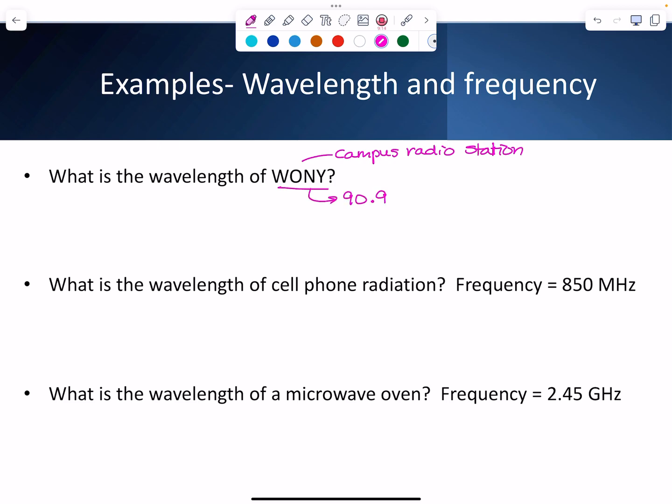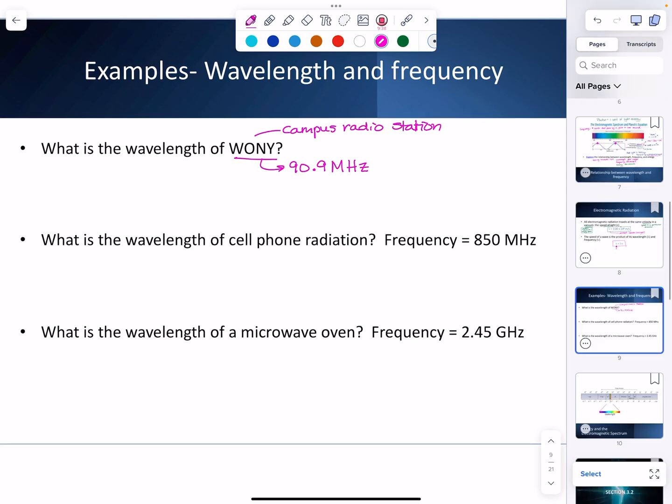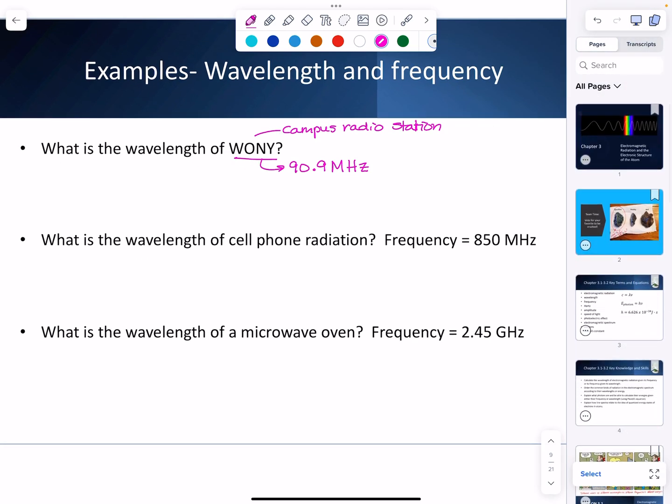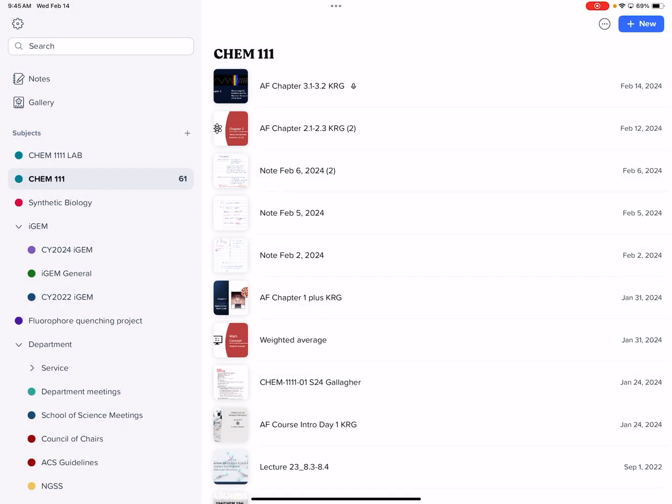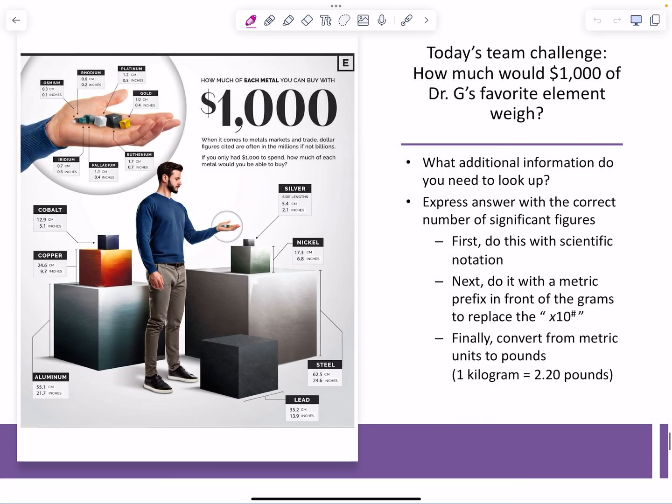Do you know what the units are on the FM dial? I think it's megahertz, right? So if we go back to chapter 1, does anybody remember what mega is in terms of prefixes?